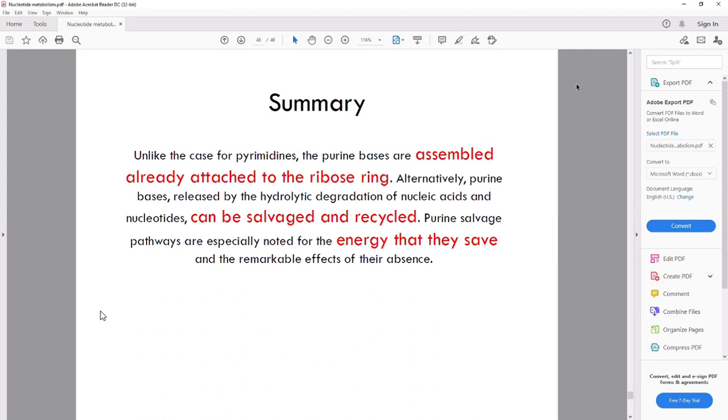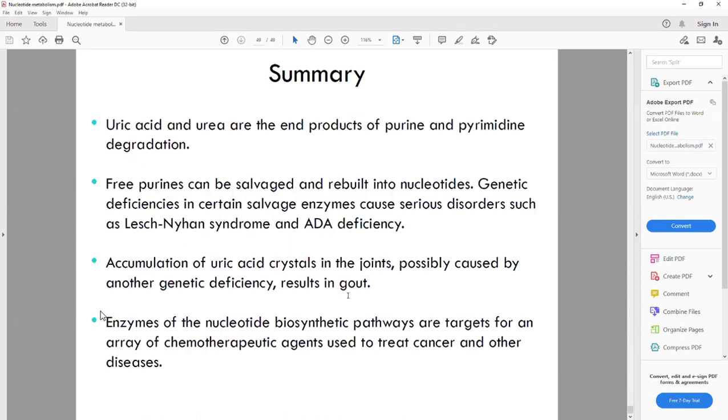The purine salvage pathway is especially noted in certain tissues. The end product of both purine and pyrimidine degradation is uric acid.